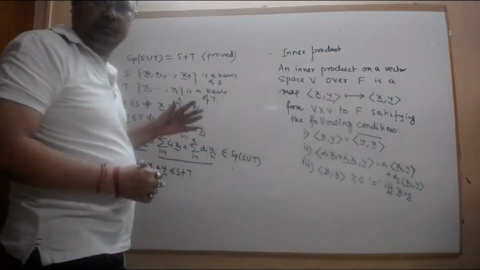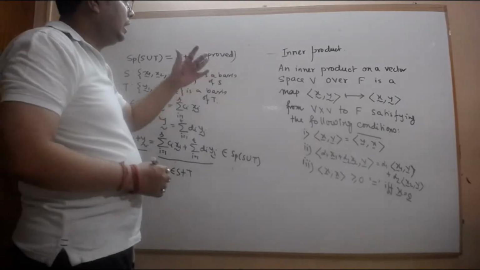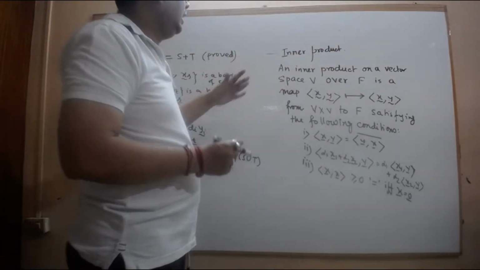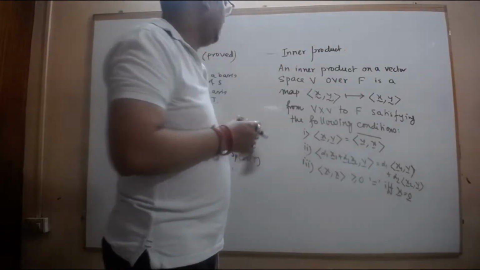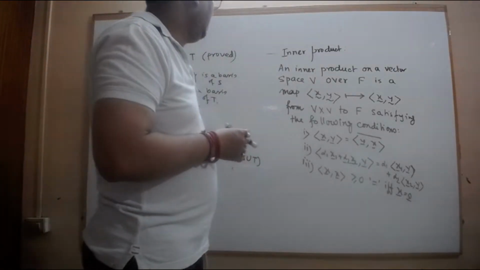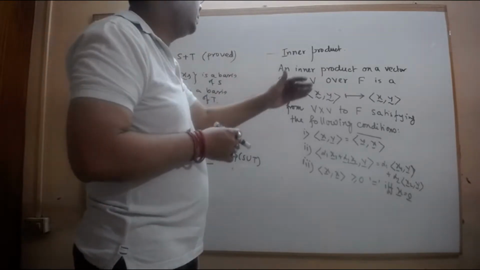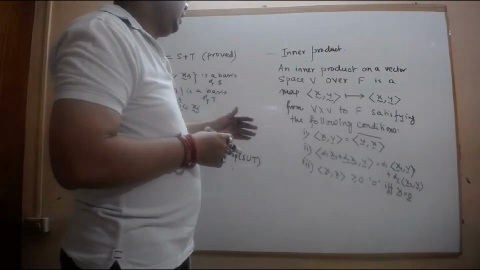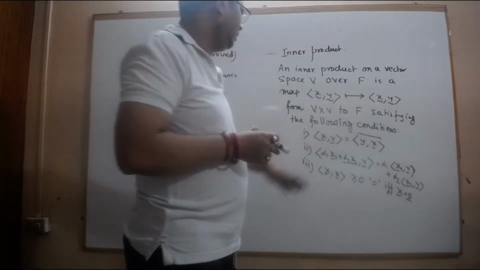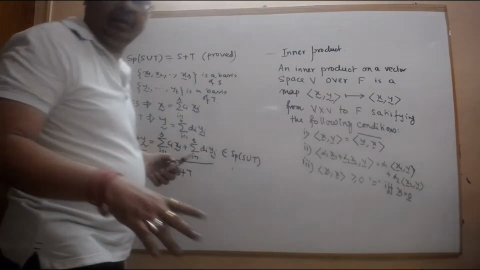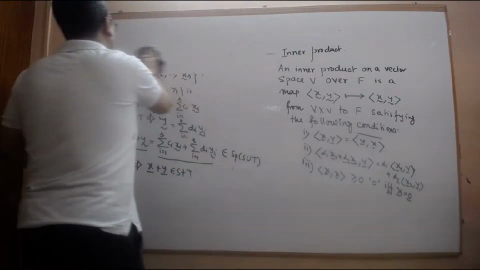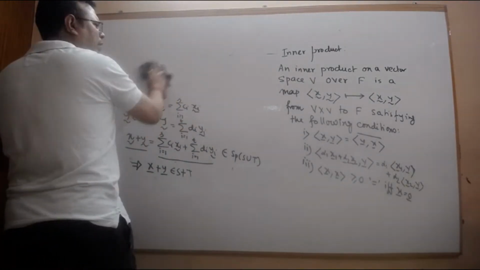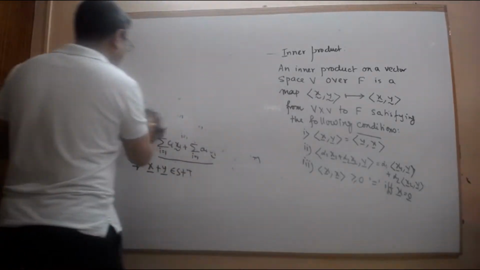So inner product is a mapping, we denote it in this way, from V cross V to F, which satisfies these three conditions. You can define an inner product in many ways.